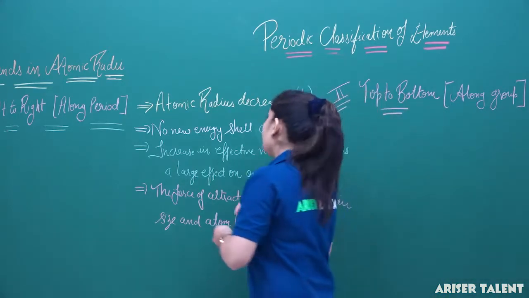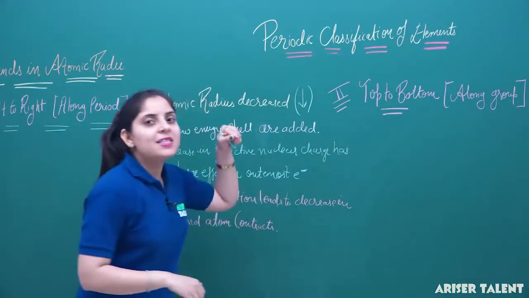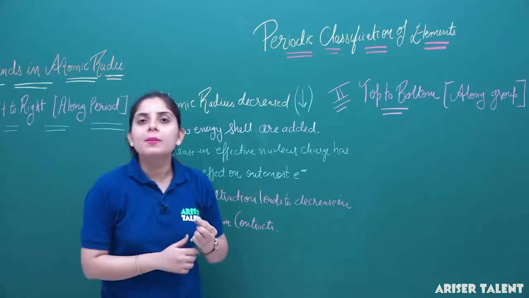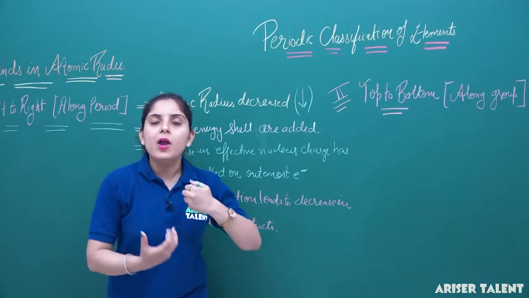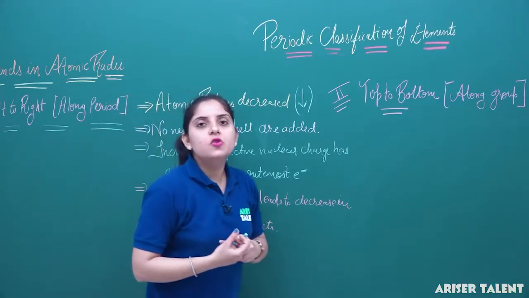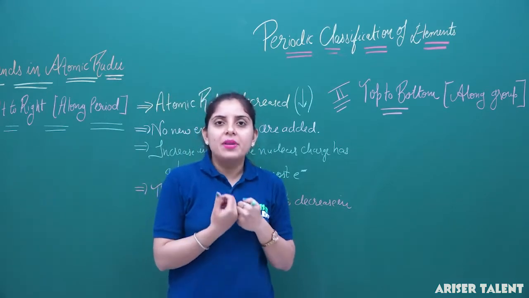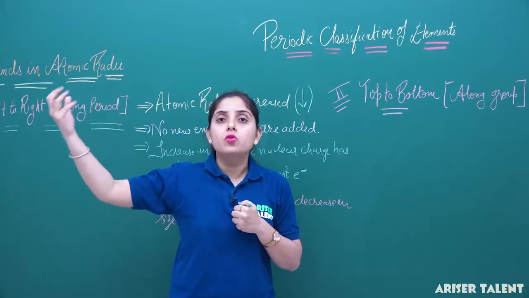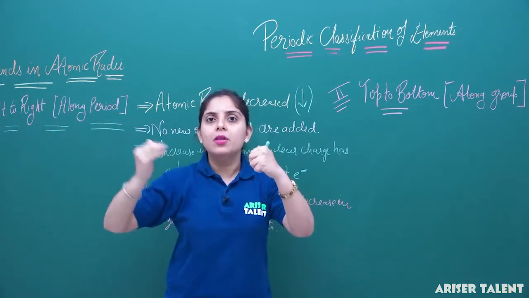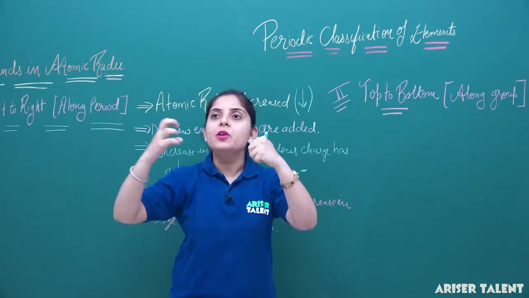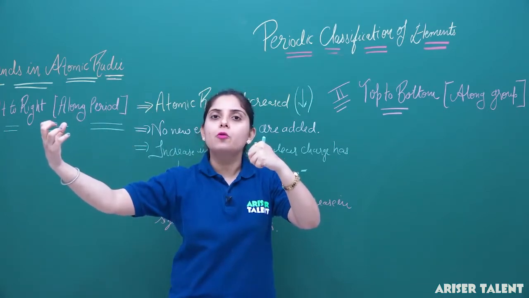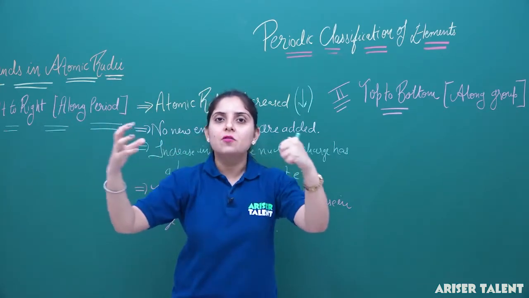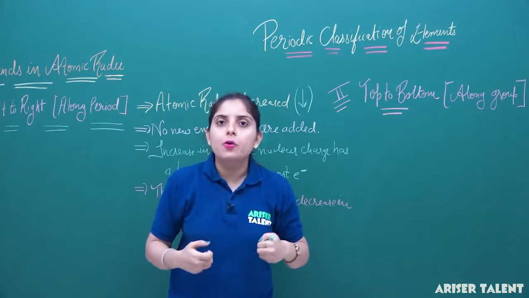Now, what will happen in this case? As we are moving from top to bottom in the periodic table, new energy shells have been added. So, if new energy shells have been added, the nucleus has less effect on the outermost electron because it is far from the nucleus. Now what will happen if the nucleus loses its hold on the outermost electron? The size of the atom will automatically increase.